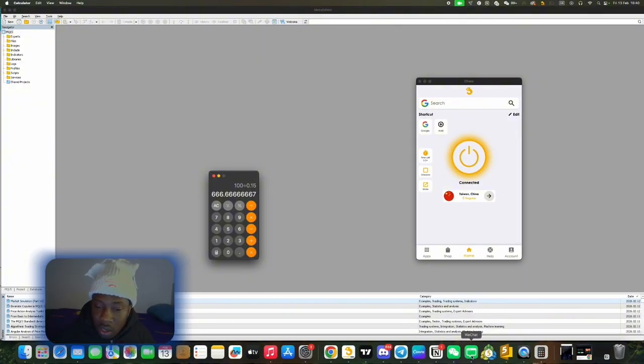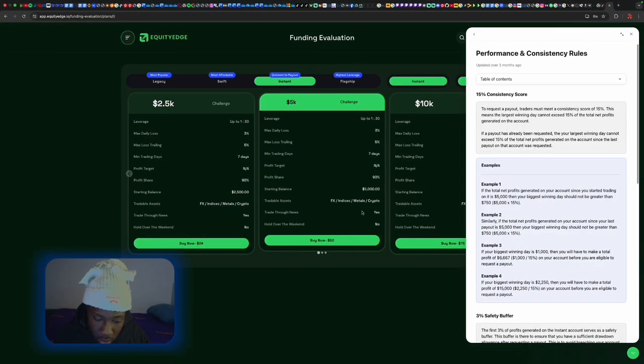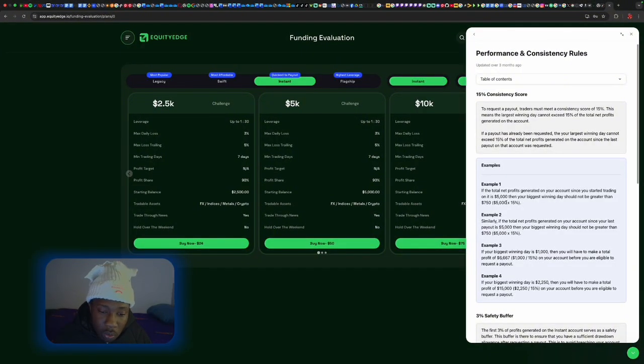But if you exceed $100, your payout is going to be high, and you need to trade with that 15% score rule. So you need to focus on your best winning day.